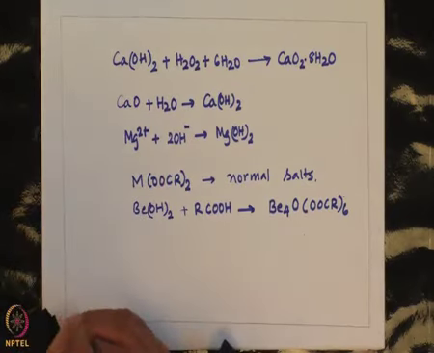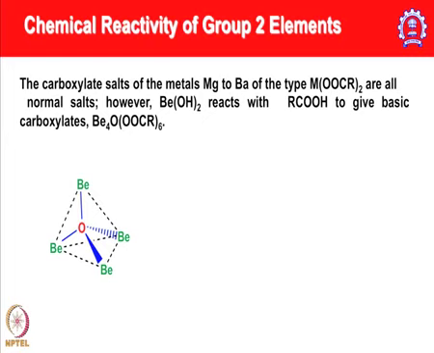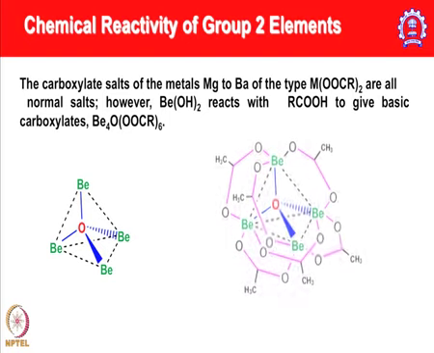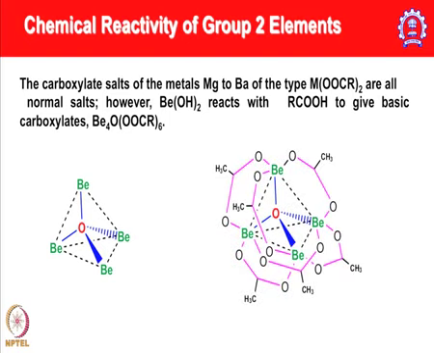So, you can see here oxygen is coordinated to 4 beryllium atoms, sitting at the center of the tetrahedron, and now these carboxylate groups are essentially bridging ligands. What they do is they bridge in this fashion to stabilize this tetrahedral beryllium moiety.